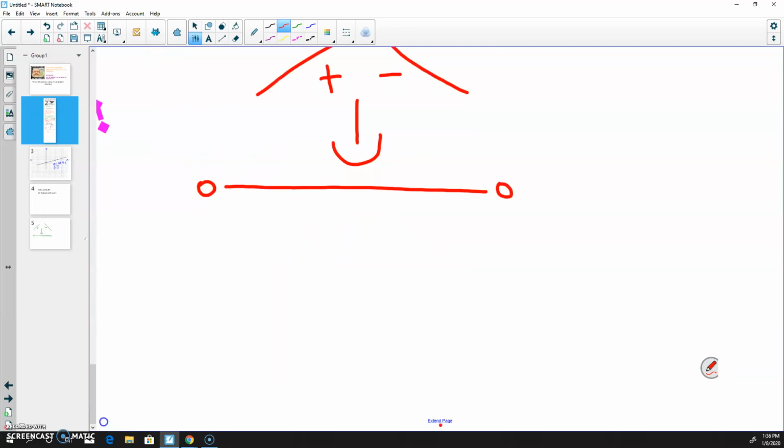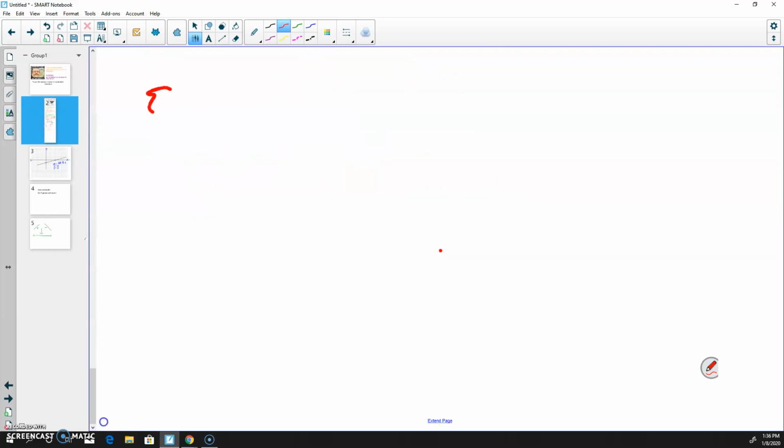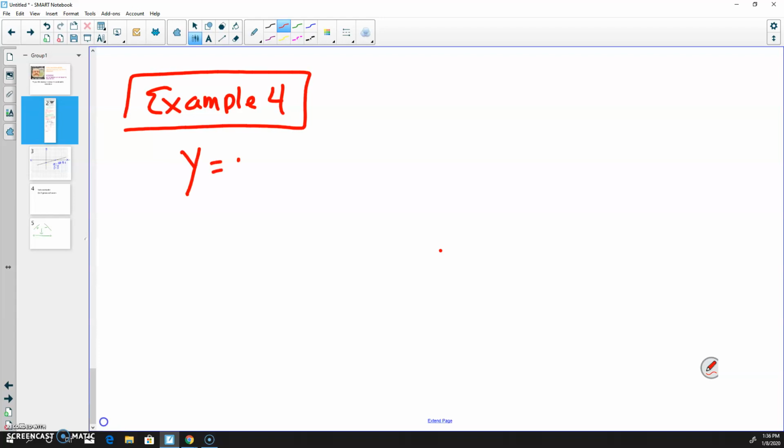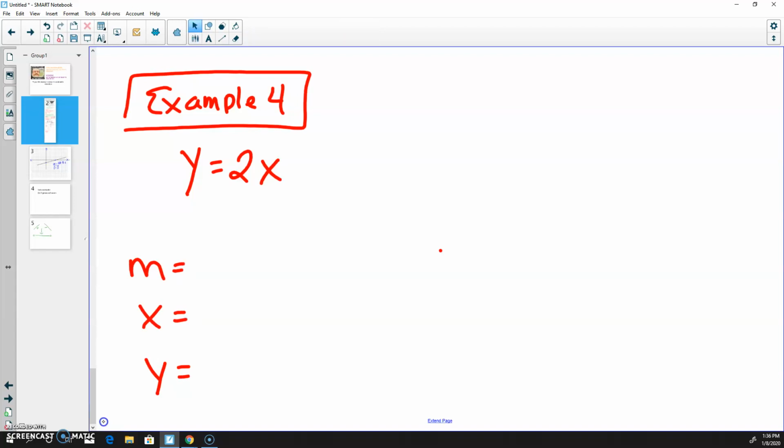Okay, last example. I thought that was it, but I have one more. Example 4. They want to know your m, x, and y. So your m is easy. What's your m? 2. Y, do I have a y back here?